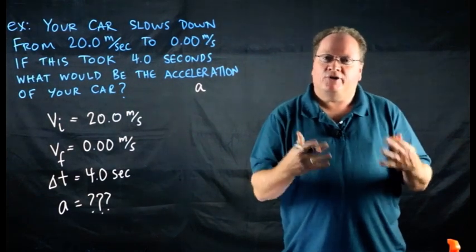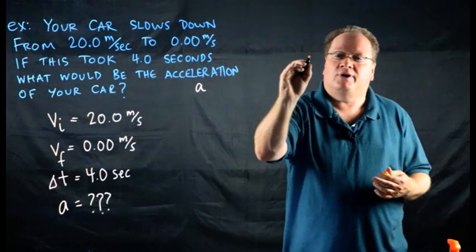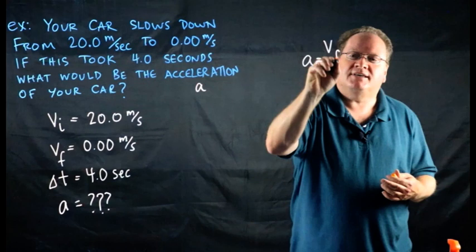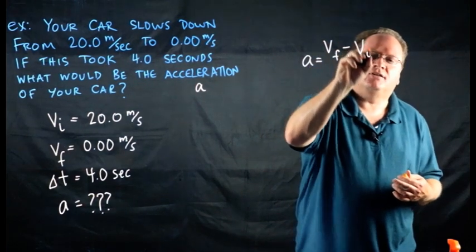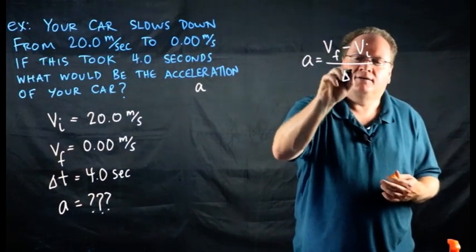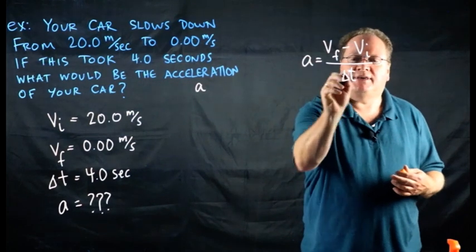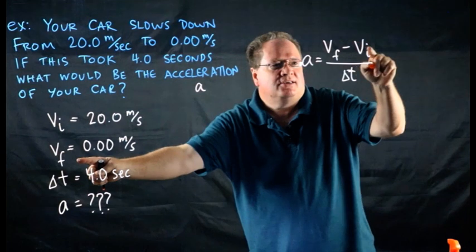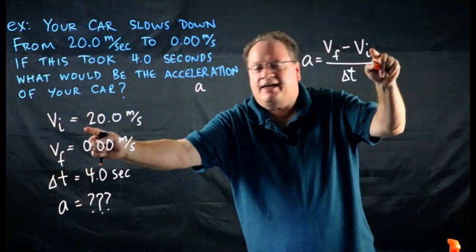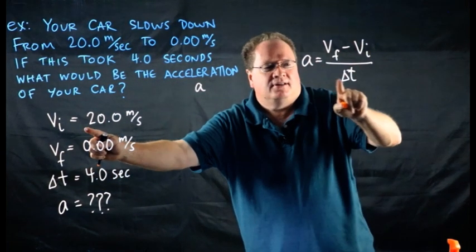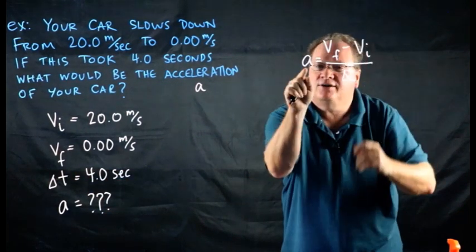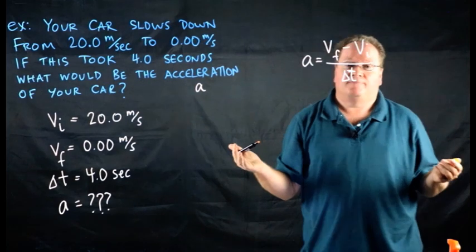The only one that has a in it is the acceleration formula that we just looked at. It's going to be VF minus VI over delta t. I have all of these, the only thing I need to know is a.